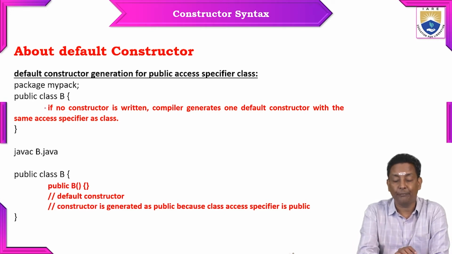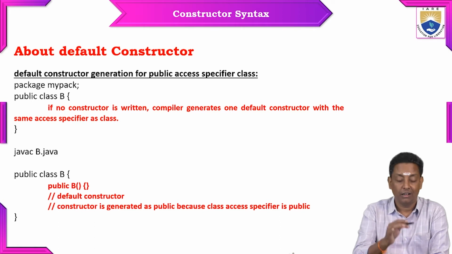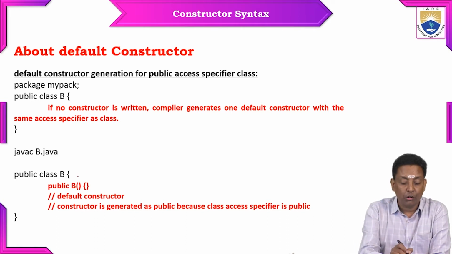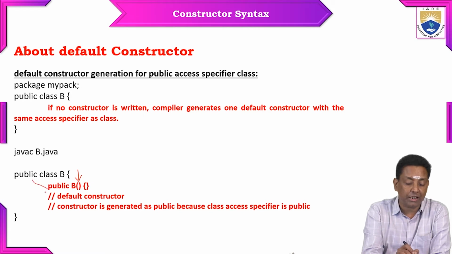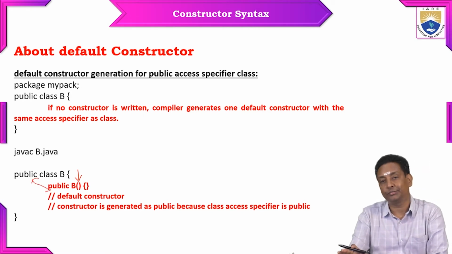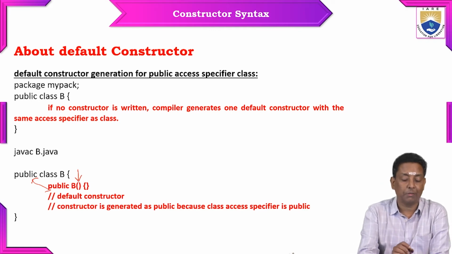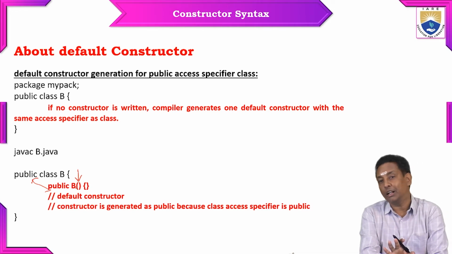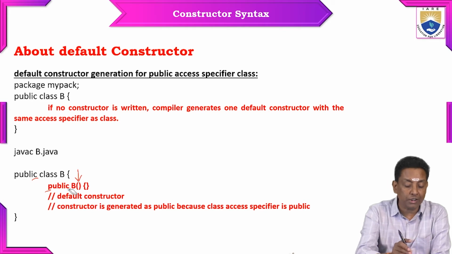During compilation time, once again the compiler will go and check in the class. If no constructor is present, it automatically generates one no-parameter constructor, whose access specifier is the same as the class access specifier. If the class is public, the constructor is public. If the class is default, the constructor access specifier is also default. So this is what is called a default constructor.